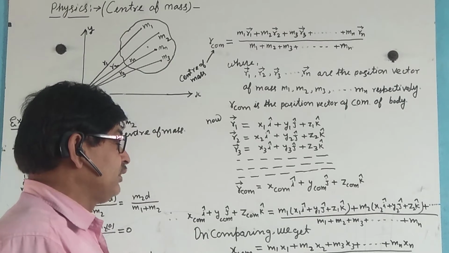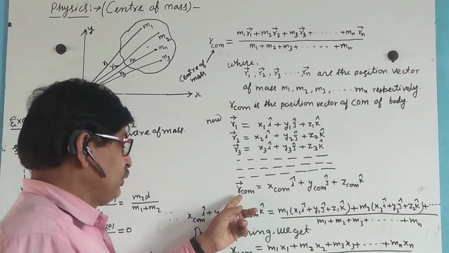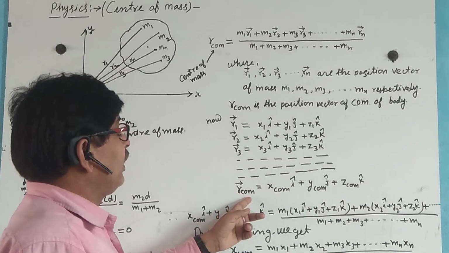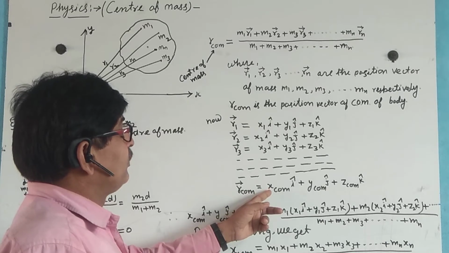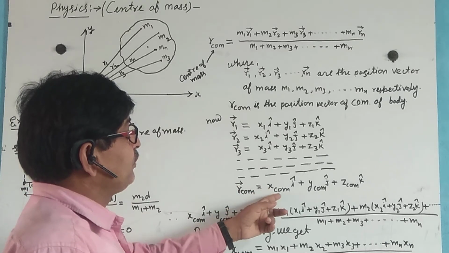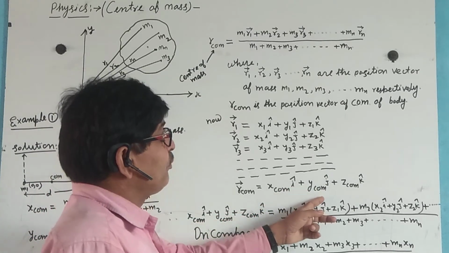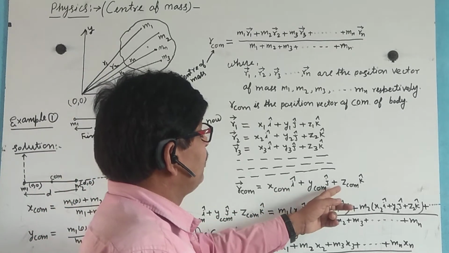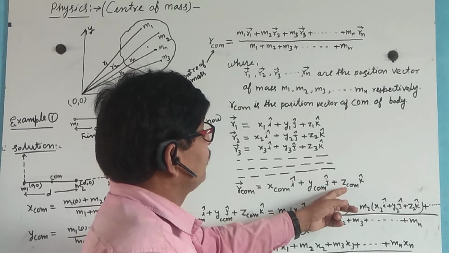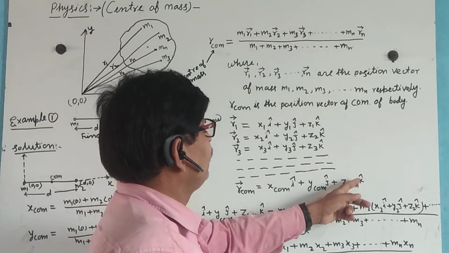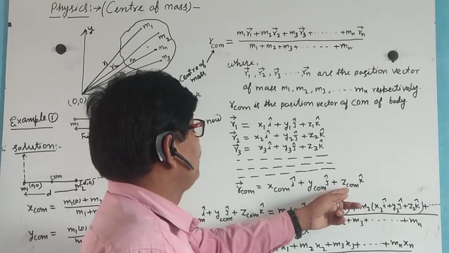We can write the position vector of the center of mass as the x coordinate of the center of mass i + the y coordinate of the center of mass j + the z coordinate of the center of mass k.